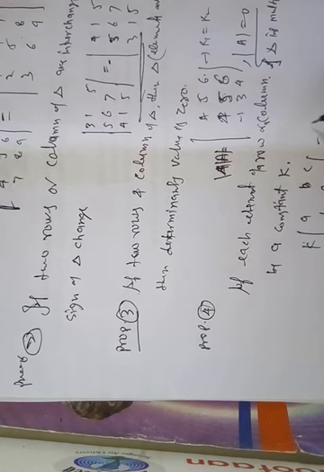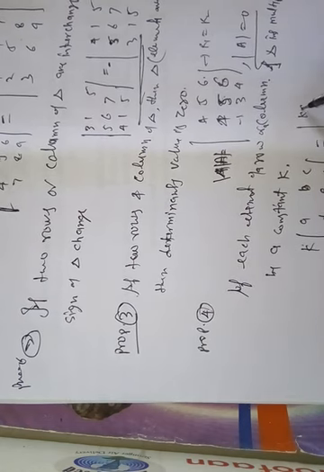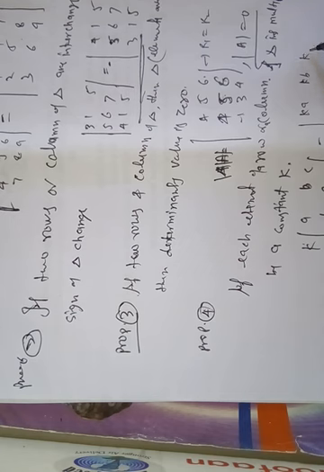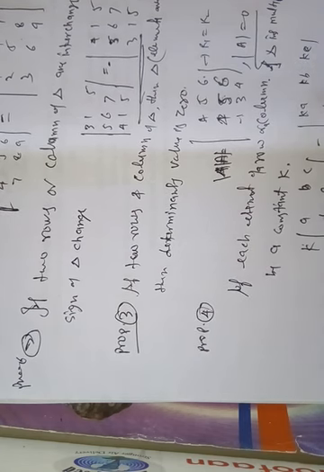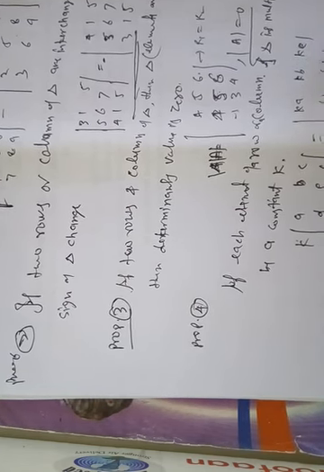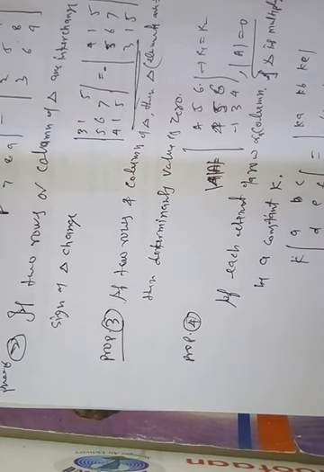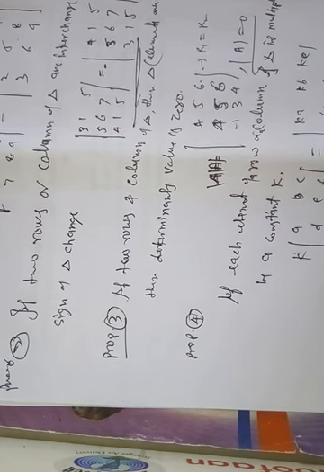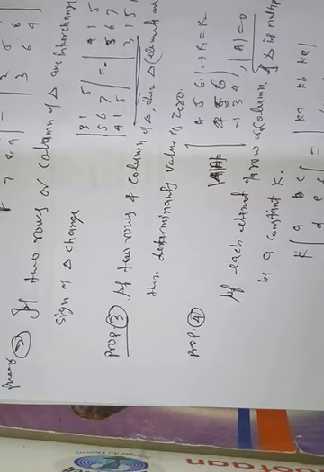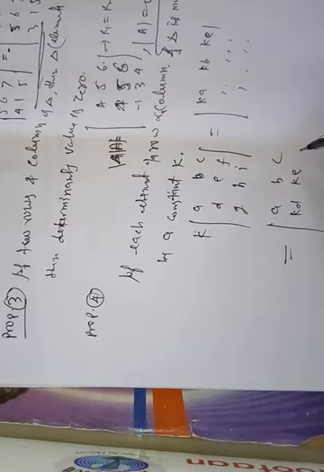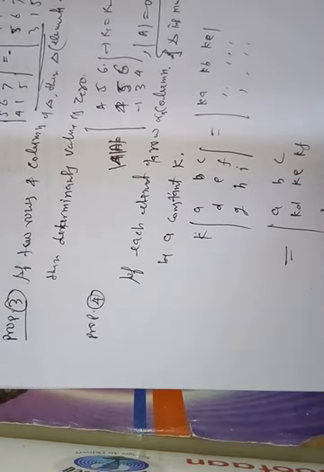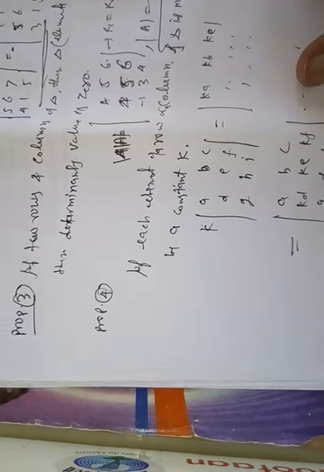Multiplying only one row gives ka, kb, kc, while the other rows stay the same, or kd, ke, kf, or kg, kh, ki, and so on. These are multiplied in a row or column.